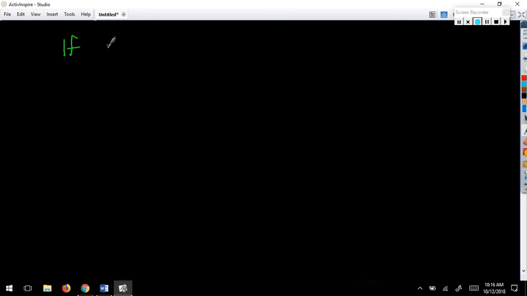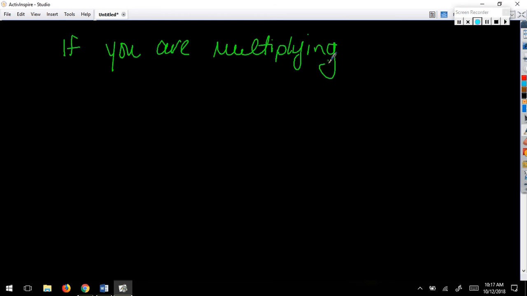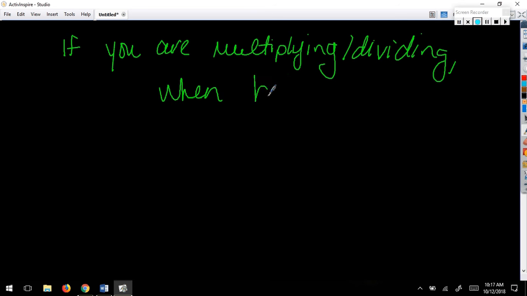If you are multiplying or dividing, this does not work when you're adding or subtracting. We'll talk about that in a minute. If you're multiplying or dividing, when the bases are the same, you can combine the exponents.